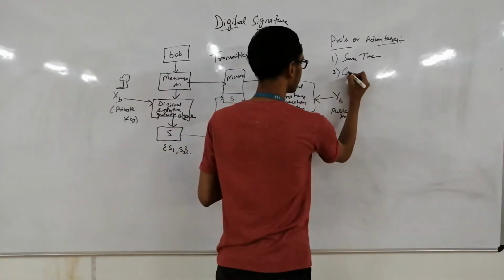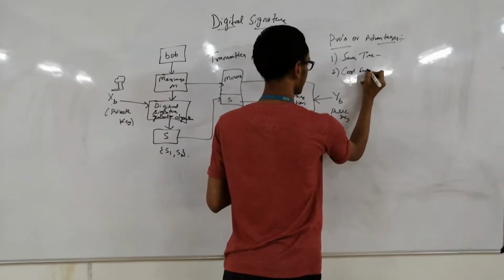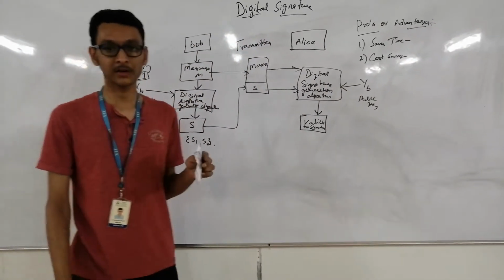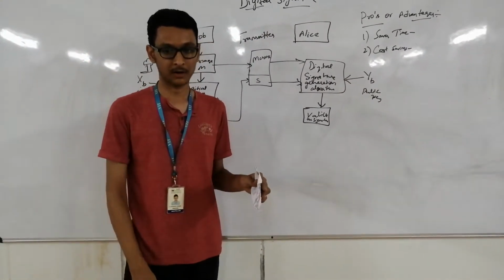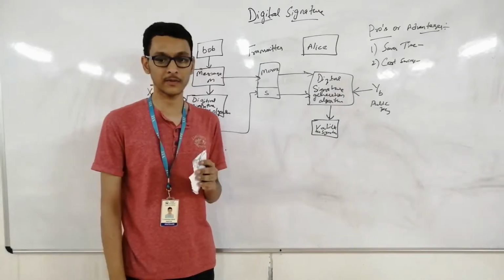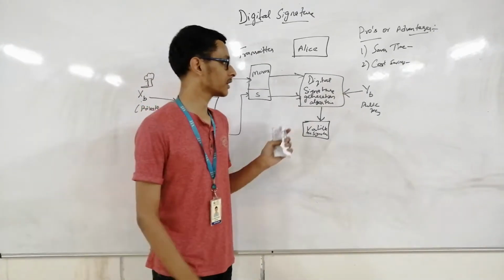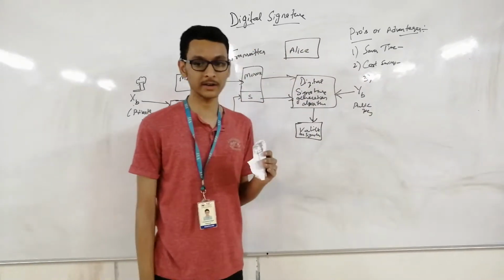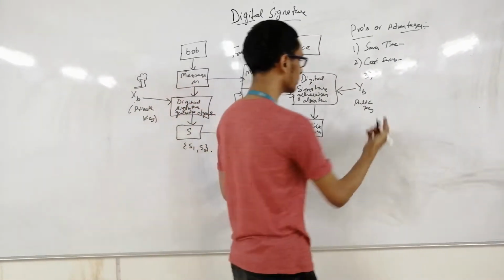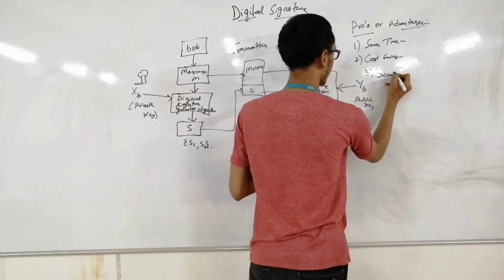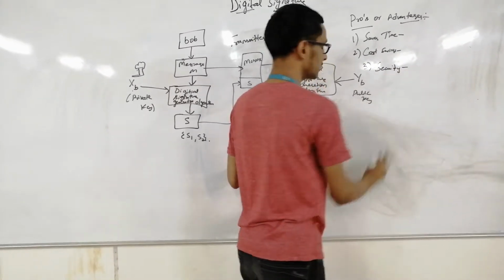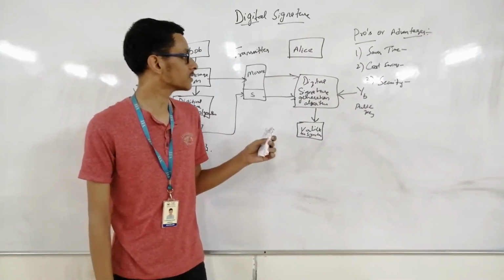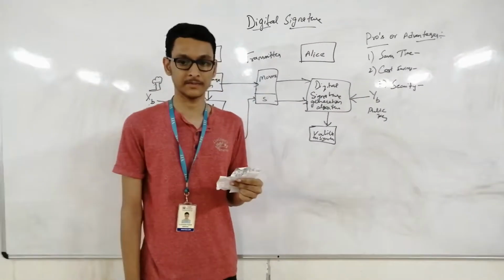And the second thing is cost savings. Since a digital signature doesn't require paper or ink or any printing, it saves a lot of expense. So that's another advantage. And the third one is security. Security is all that matters in regard to the digital signature. And how can a digital signature have good security?